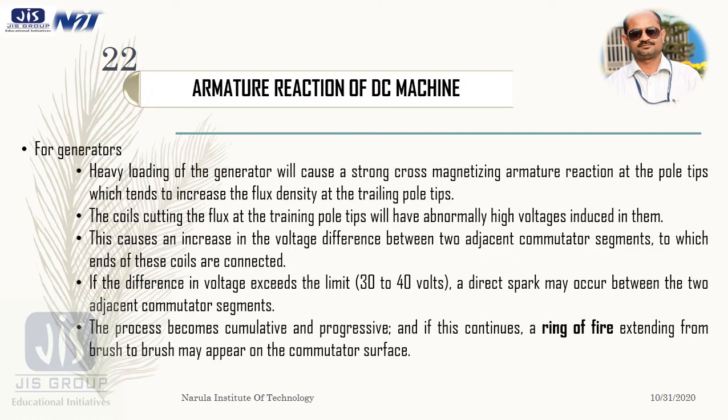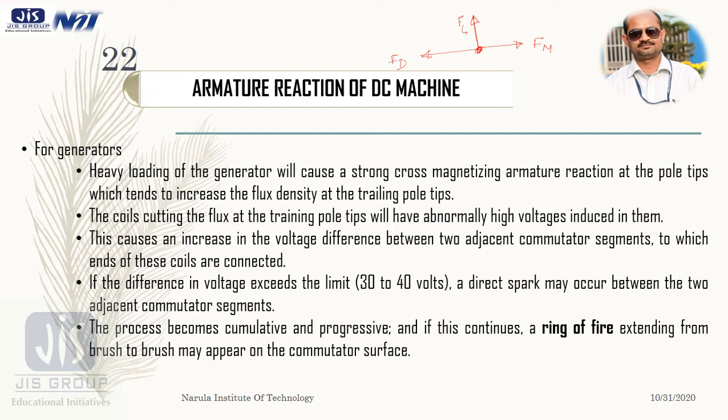Now another effect which I have shown: this is my main flux, this is my demagnetizing effect, which is at 180 degrees with respect to the main flux, and there is an FC which is at 90 degrees. That is my cross magnetizing effect.